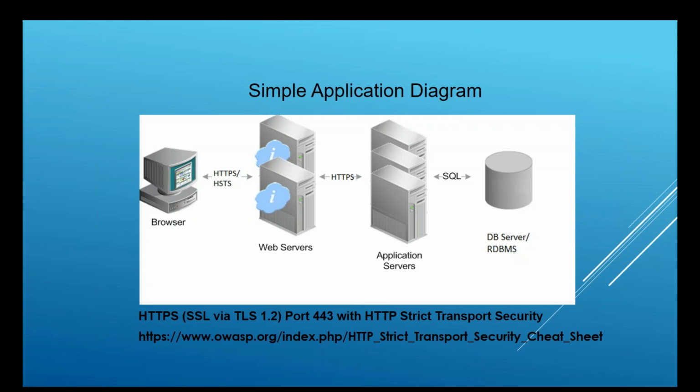We'll see that we have a computer and a browser and an end user out there, and they are going to browse to our website via HTTPS, HTTP Secure Transport Security protocol, and that is actually a federal mandate for anyone that has federal funding to be sure to use that particular HTTP Secure Transport Security. That is a special configuration on the SSL. It also mandates that we use TLS 1.2 or higher for that connection.